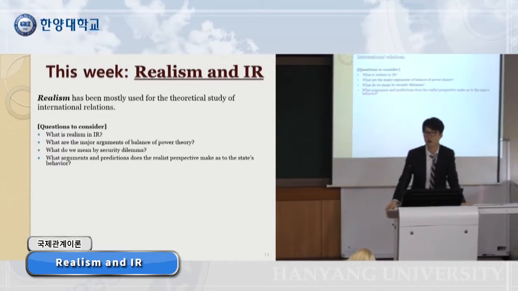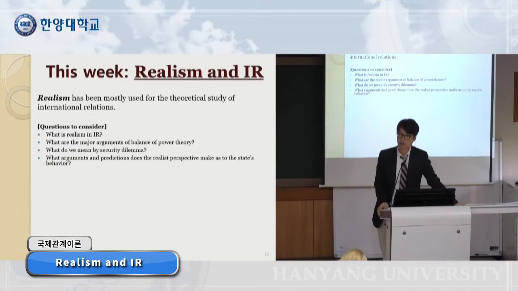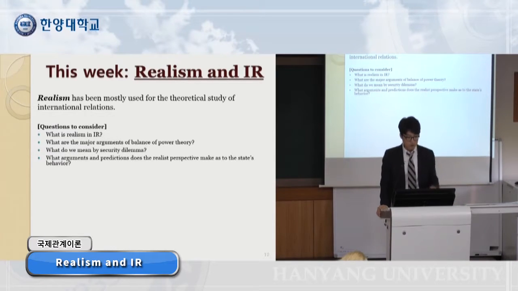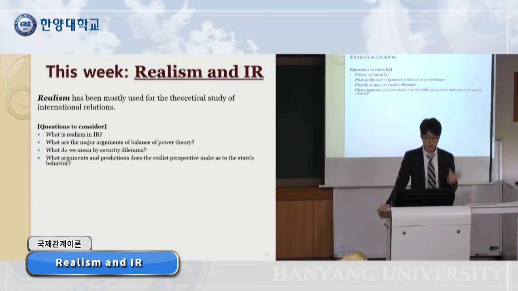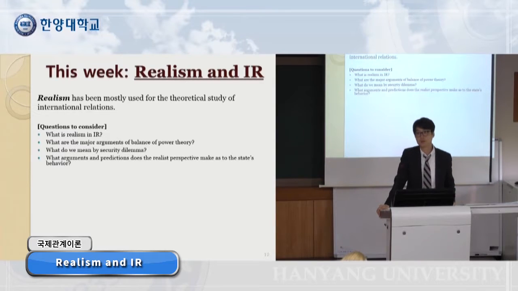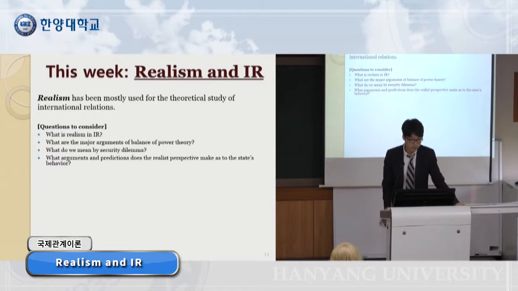They are focusing on war, conflict, rather than trade or culture or language or identity or ideas, right? So just by a simple look at the question here, you could understand what type of theory realism belongs to, right? Explanatory theory.